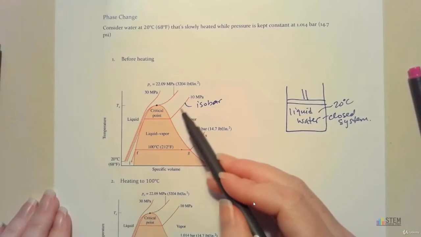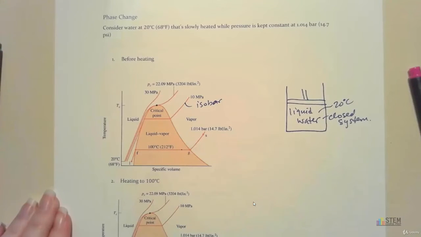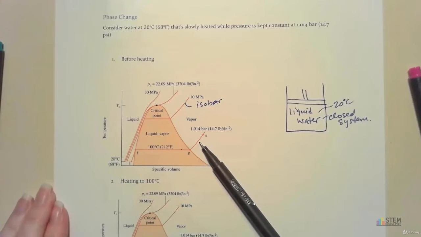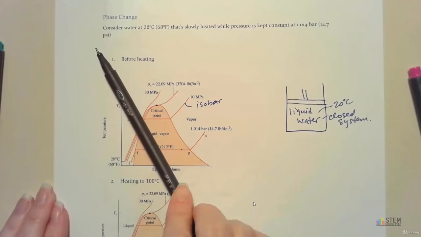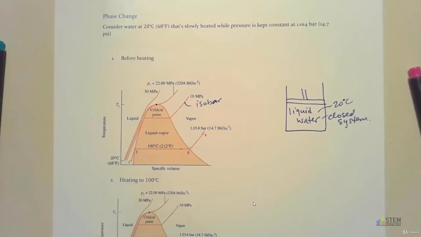If I were to go to any point on this line right here, I know the pressure would be 10 megapascals. Notice the pressure values: we're starting out at 1 over here, and this one here is 30. So pressure is going to increase as we move this way on the plot. Okay, so that's about isobars.